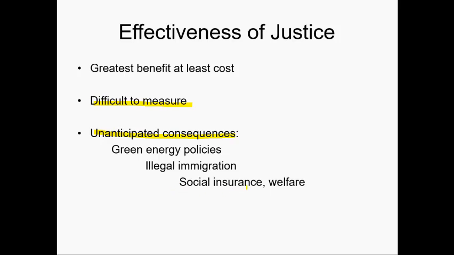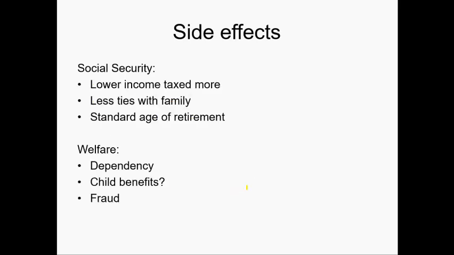Now, as far as our social insurance programs, social welfare programs, the book talks about some interesting side effects there. Social Security is the biggest expense in our federal government. When you hit 65, you qualify for social insurance to help meet your needs as you grow older and retire from working.